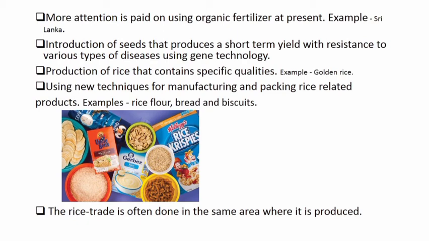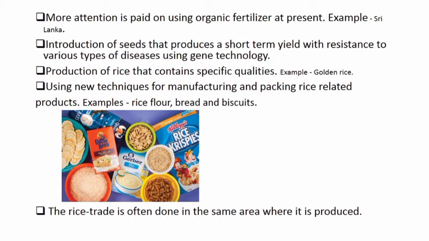Next feature is introduction of seeds that produce a short-term yield with resistance to various types of diseases using gene technology. Gene technology is a modern branch of biotechnology that allows direct modification or removal of a gene or the transfer of a gene from one species to another.